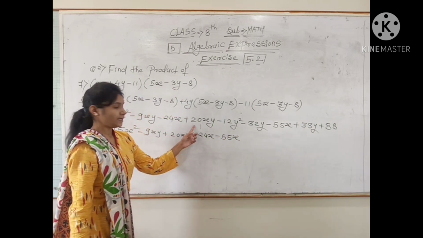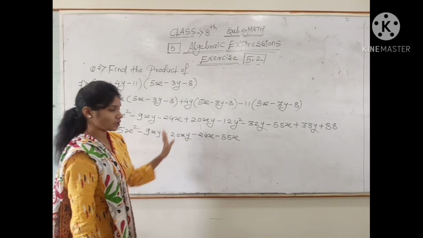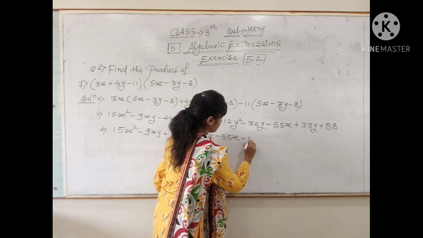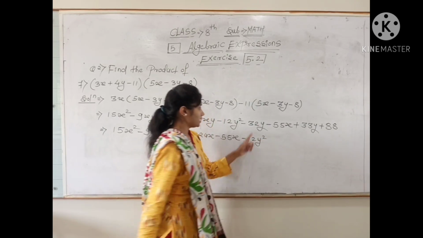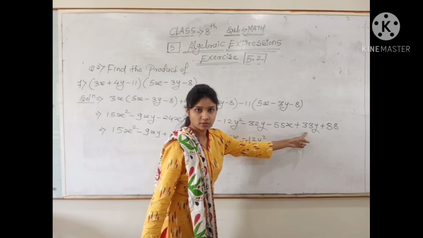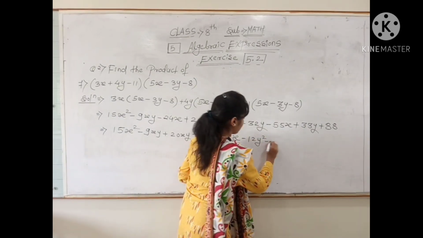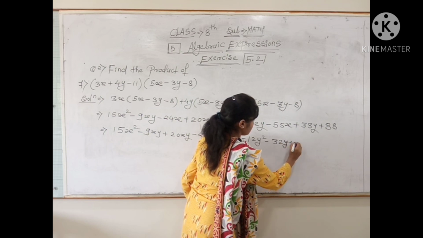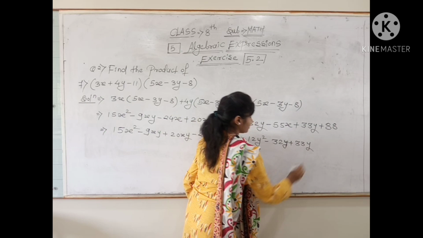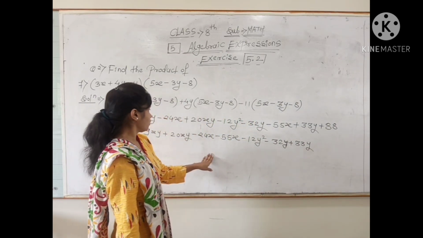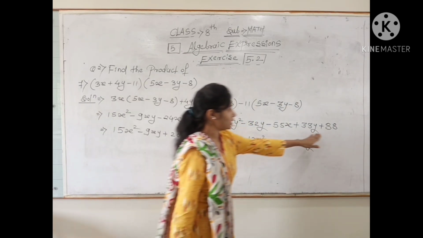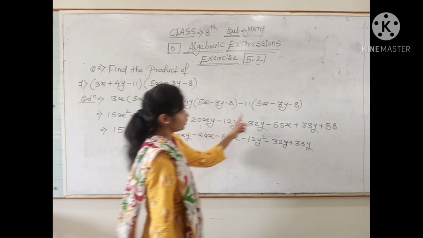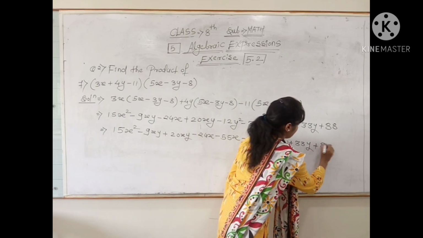After that, minus 12y square, there is also no like term, so you have to write it as it is. Then minus 32y, we have to combine with the 33y. Minus 32y plus 33y. Okay, and lastly we have to combine the what? Constant. What is that constant? Here there is only 88. There is also no other constant. So write lastly 88.